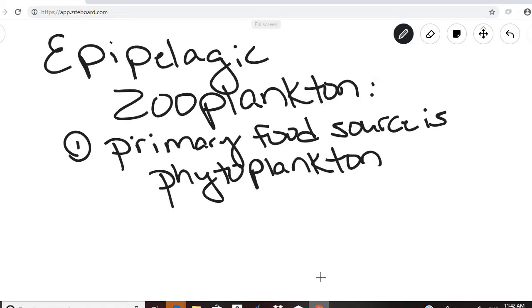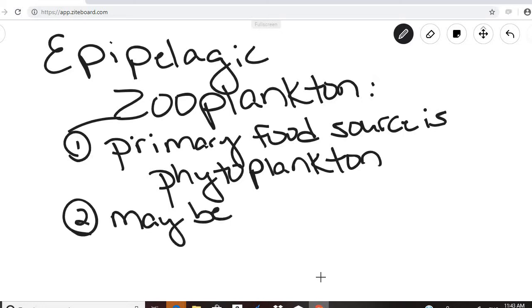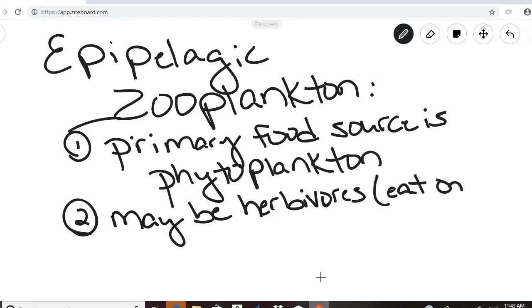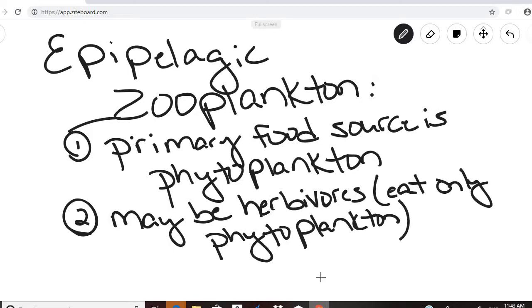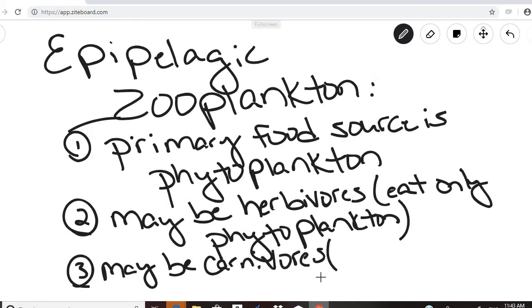They may be herbivores, which means they would just be eating phytoplankton. Or they may be carnivores, meaning that they eat other zooplankton.